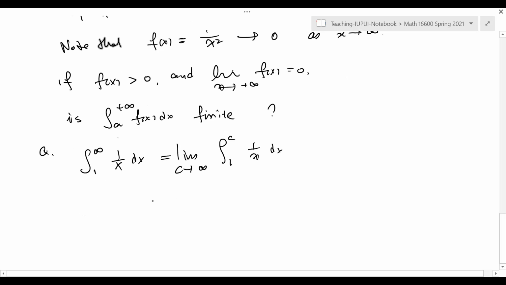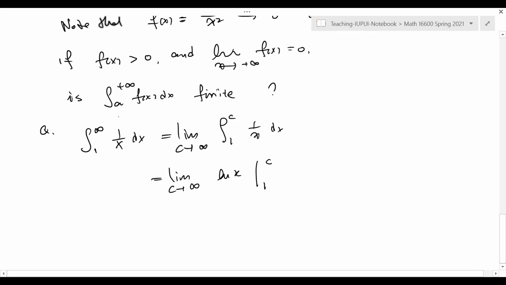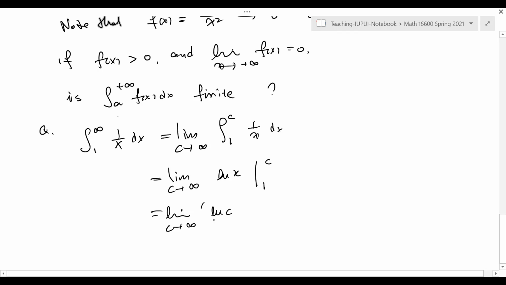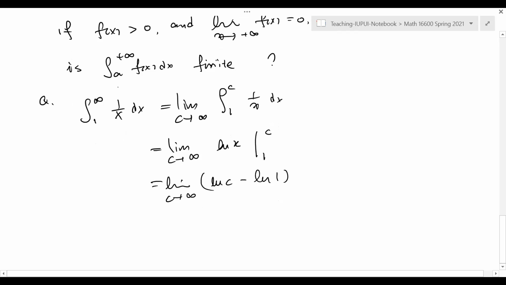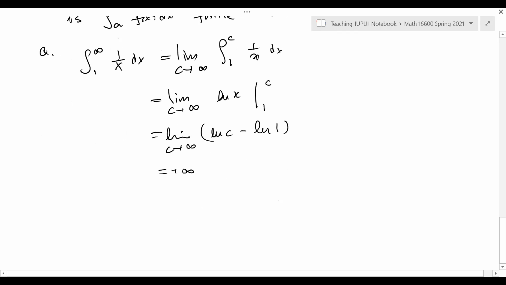The antiderivative of 1 over x is the natural log of x. So evaluate at the endpoints: natural log of c minus natural log of 1. Natural log of 1 is 0, so forget the second term. But the limit of natural log of c as c approaches infinity is infinity. So it's not finite.